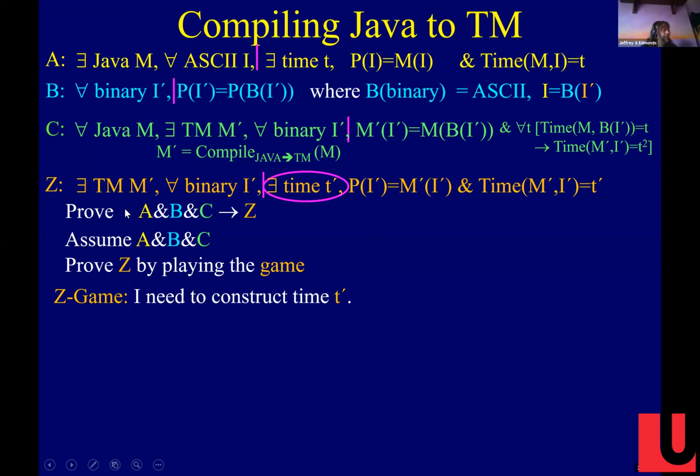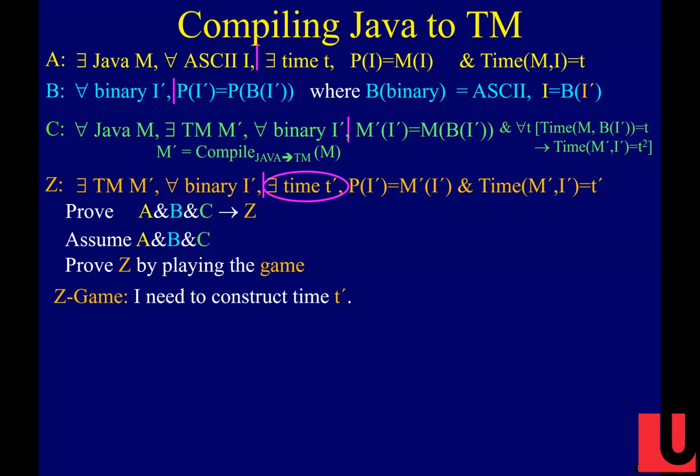Now, what is A assuring us? A is assuring us that she can give us a Java program such that for any ASCII input we give it, she can tell us what the running time of the Java program is, right?